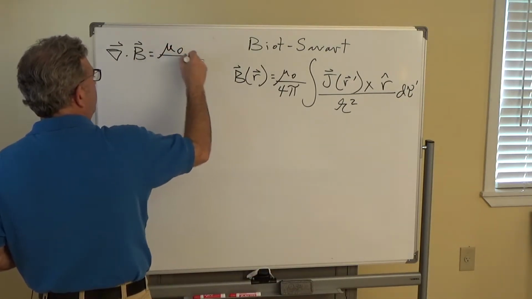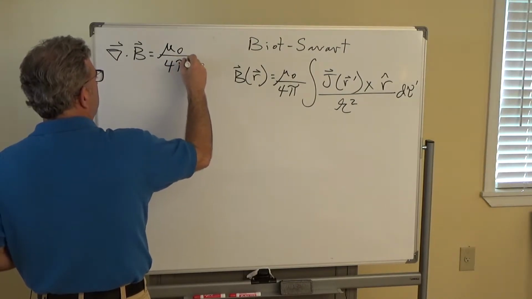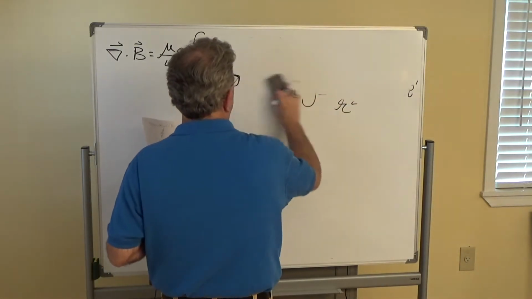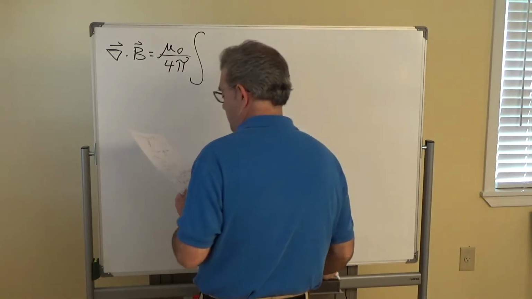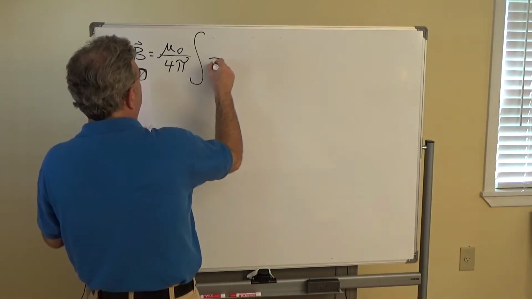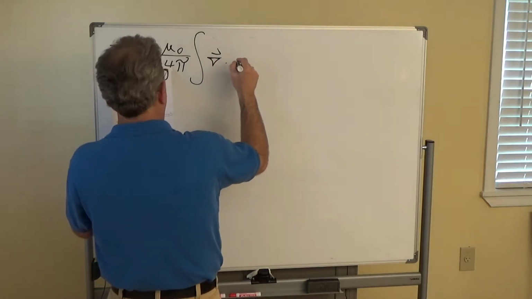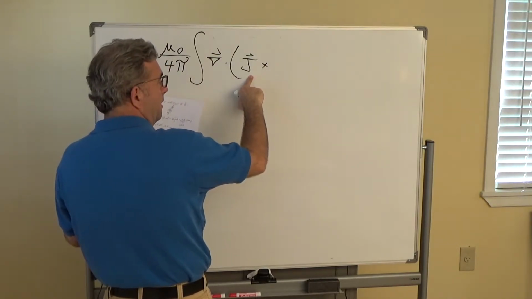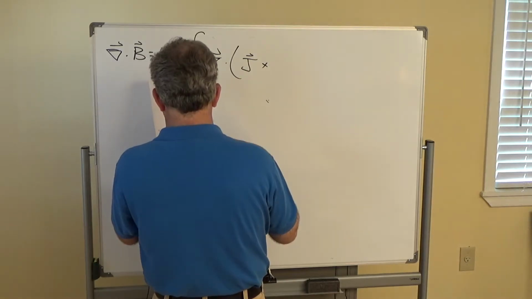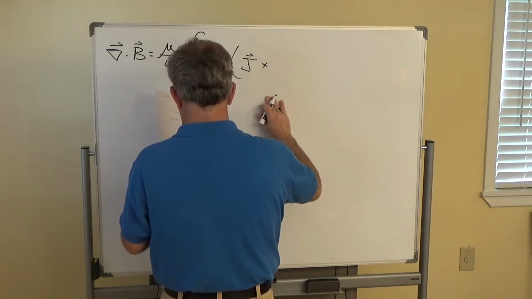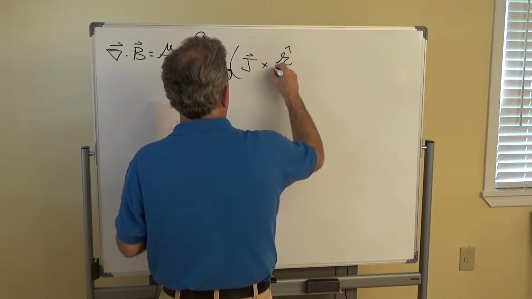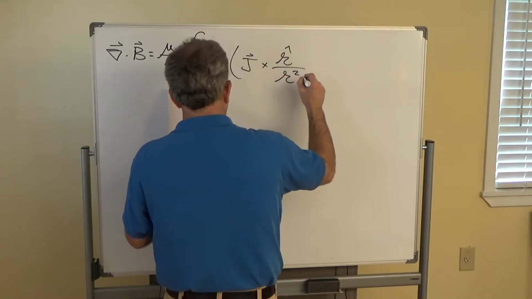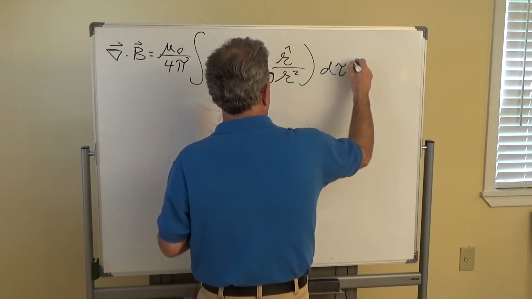Mu naught over 4 pi times the integral of del dot J cross script R hat over script R squared d tau prime.